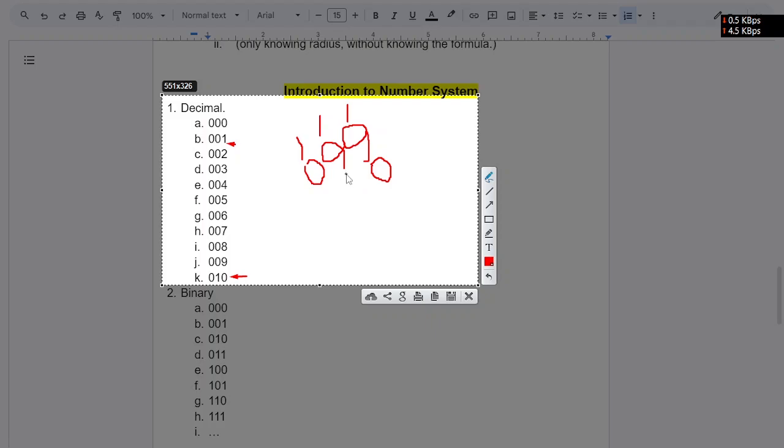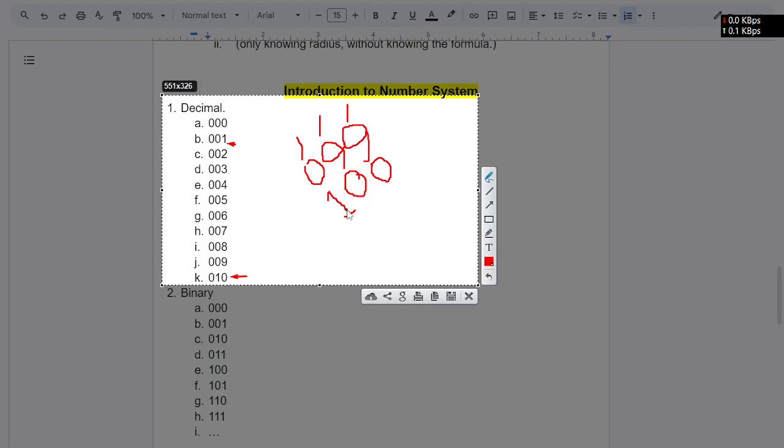We do not have any digit after 9, so this digit will also reset to 0, and we will add 1 in the left position of that digit. So we will add 1 in this position, and this will be 1. So in this way we can get 100 after 99.